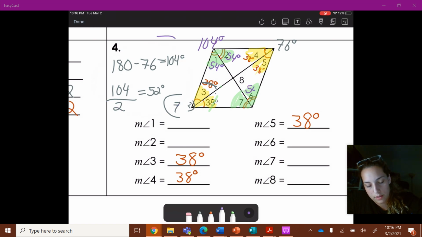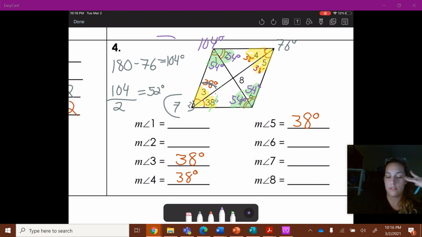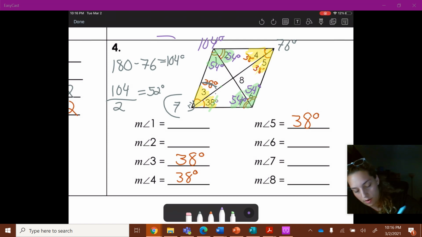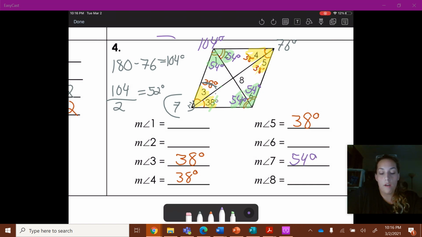And these are also 54 degrees as well. If you notice, those alternate interior angles here and here are congruent still, so all of that still plays out. So the measure of angle 1 is 54, the measure of angle 2 is 54, and then angles 6 and 7 are 54 as well.